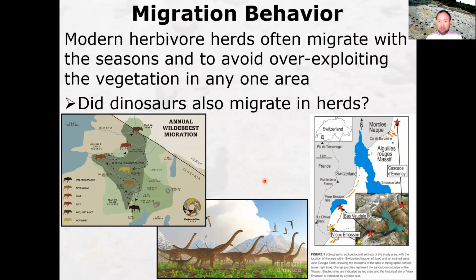So this is Switzerland, the modern day Alps here, forming a topographic barrier. And so one thing that's sort of interesting is that these dinosaur trackways that are marked here in orange, you can see that they're elongate, they're linear, 1 kilometer. So these are multiple kilometer long trackways that are found.